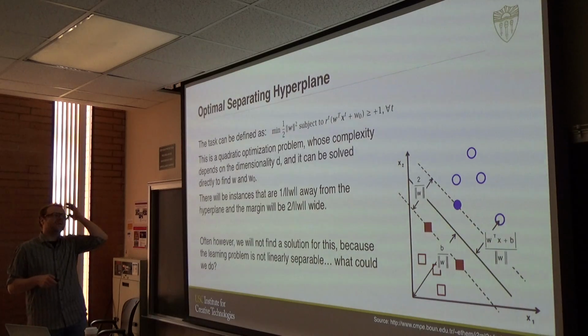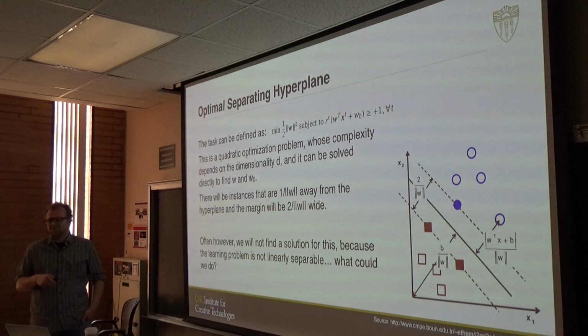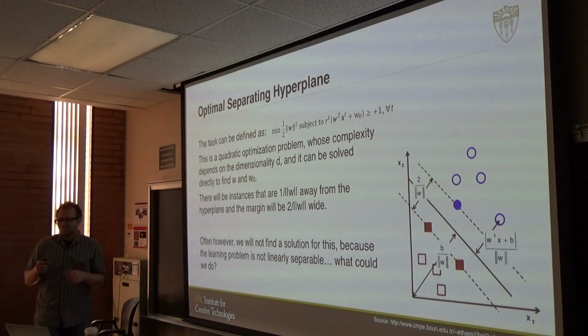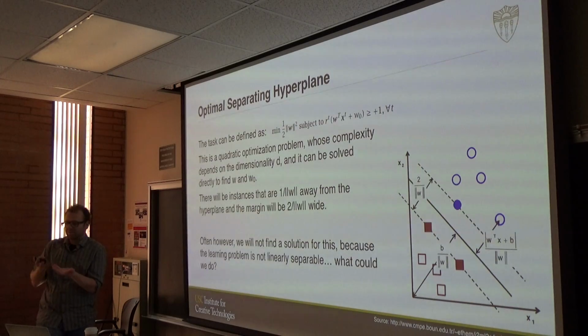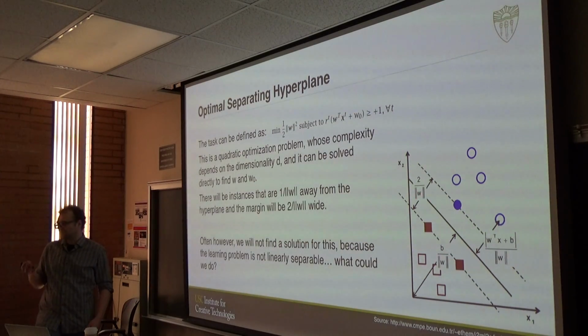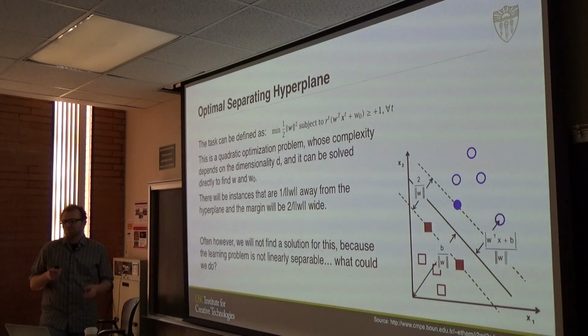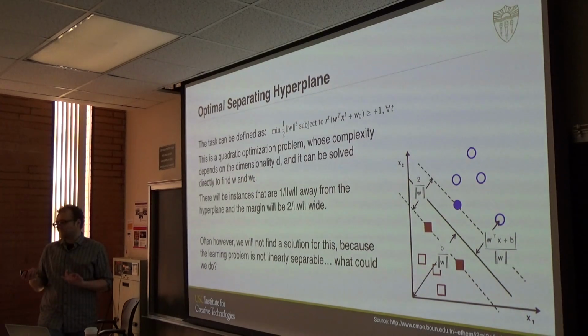We need to find the optimal W, and W exists as a vector within the same space as the input data itself. So we need to find D many parameters to solve this, plus W0.